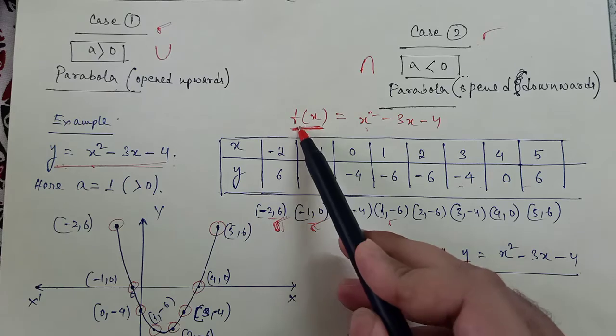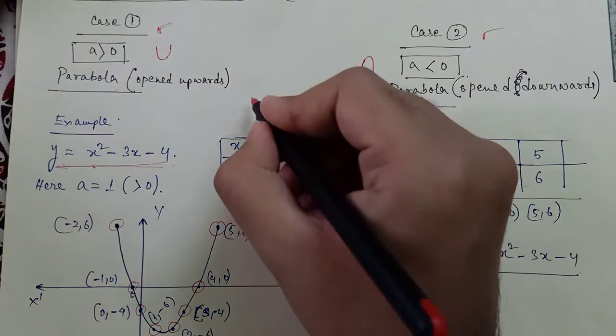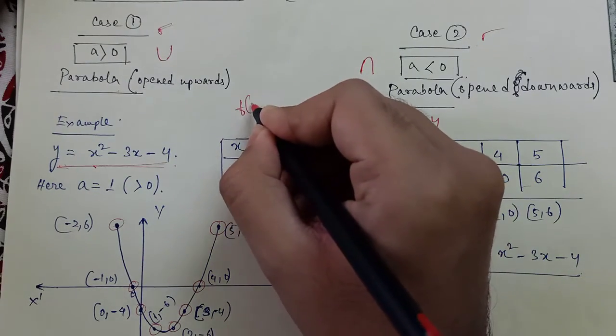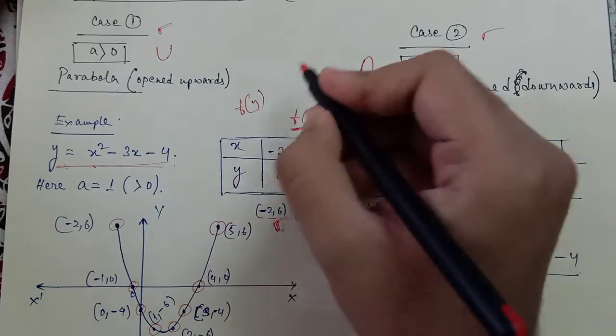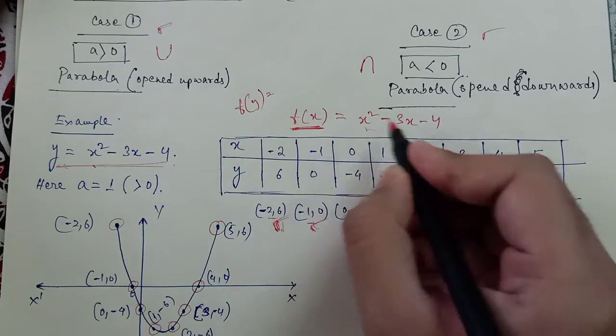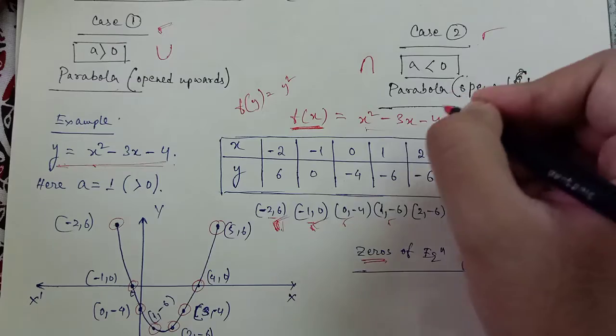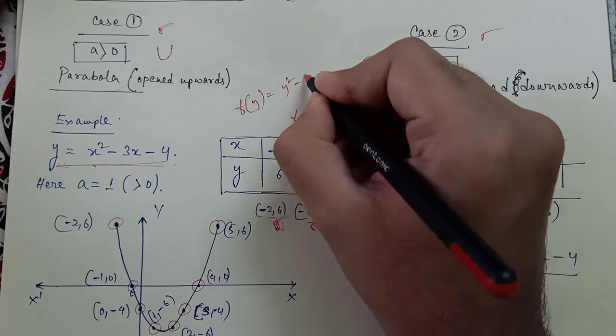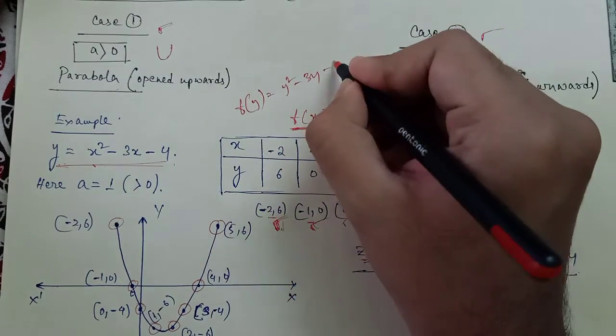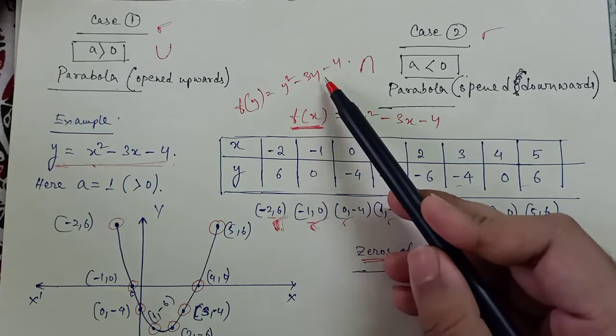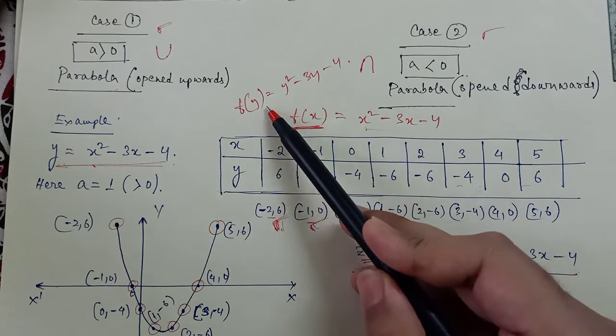So I am writing here f of x. Suppose I write a polynomial f of y, so this thing will change to y. Suppose I have a polynomial like this. So this is basically a function of y.